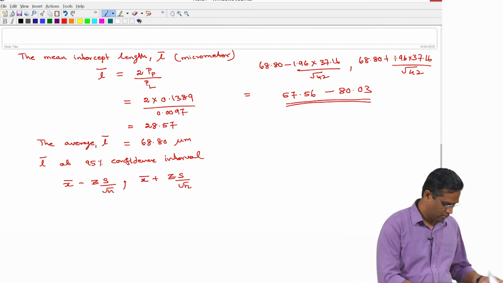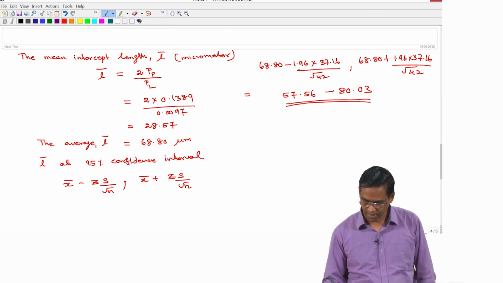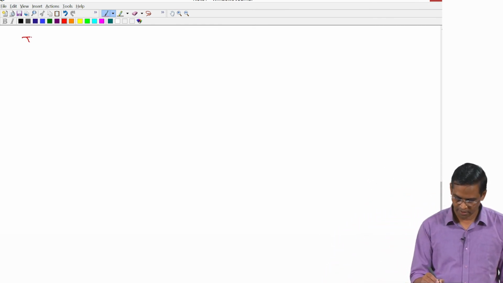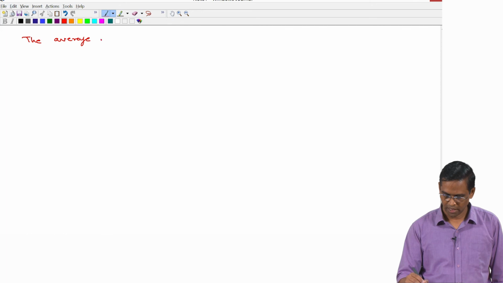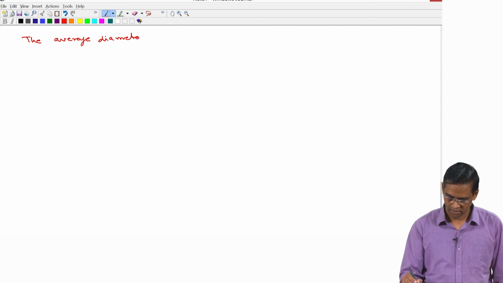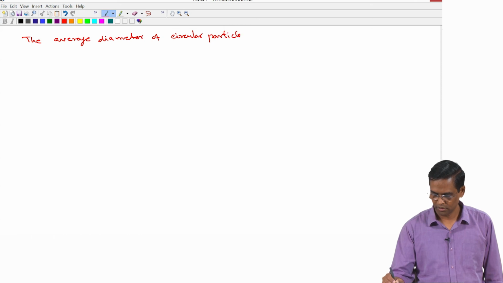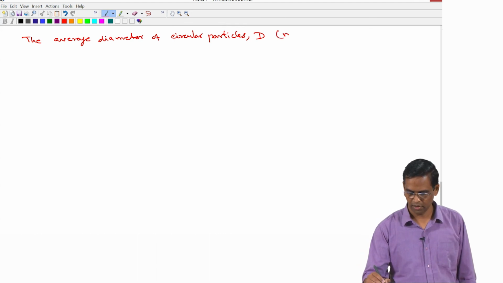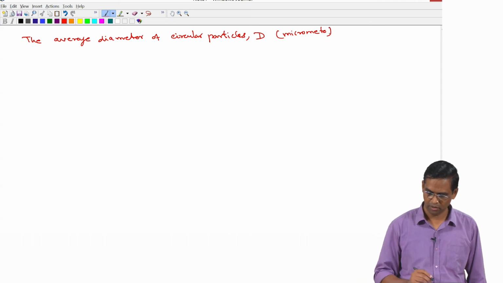Then the next thing I want to do is the similar exercise for D, the average diameter of the circular particles, particle D, which is also in micrometer.